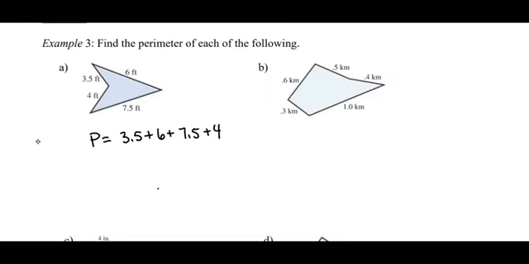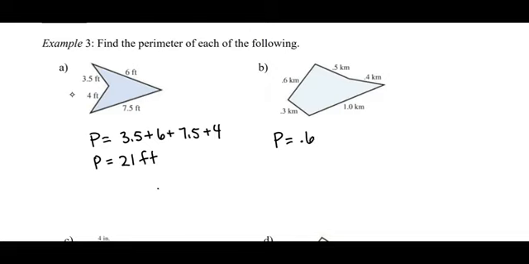So I have 10 plus 11, perimeter equals 21 feet. Right, so all you're doing is just walking around your figure, grabbing the length of the sides and adding them all together. Okay, so part B, a little bit more numbers.